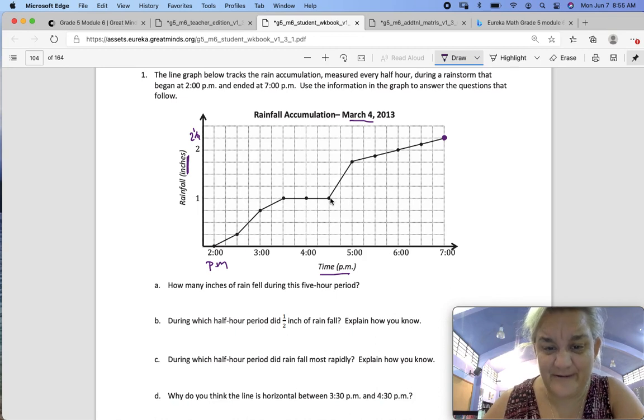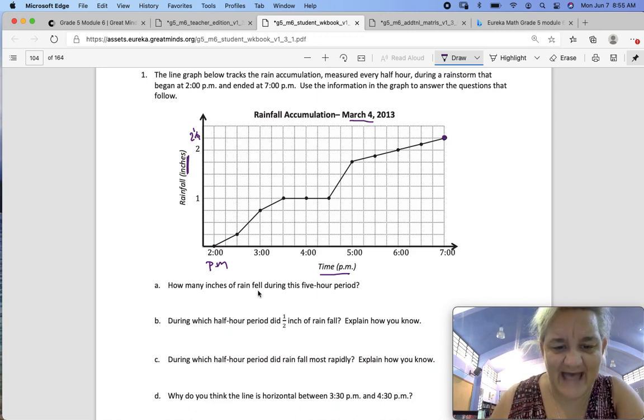And then at 4:30 it went crazy, and at 5 they measured here, and by 7 o'clock this is how much rainfall they'd had. So how many inches did they have at the end of the 5-hour period? Okay, and that is 2 1/4 inches. Be careful, you're not adding like on a line plot, we're just looking at the total rainfall at the end.